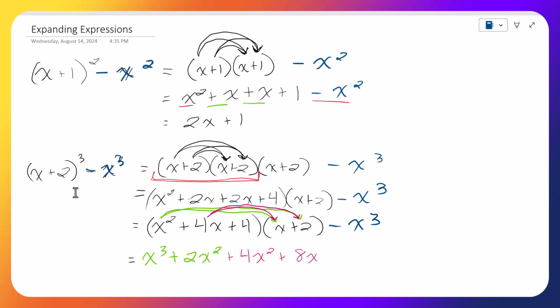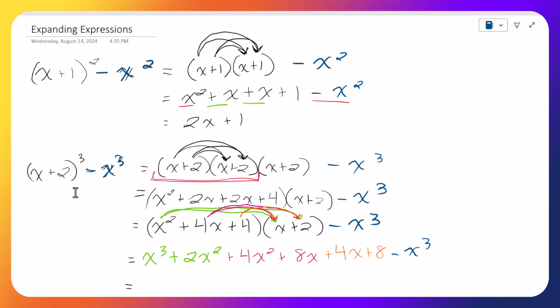4 times x, 4 times 2, plus 4x, plus 8. And then, of course, our minus x cubed. And now we've distributed everything. We have a ton of terms that we can combine, which I'm not going to go through the underlining and circling, but we have an x cubed term and a negative x cubed term.